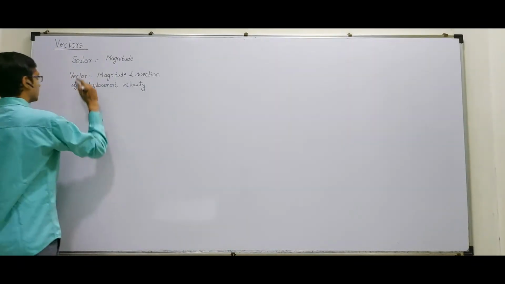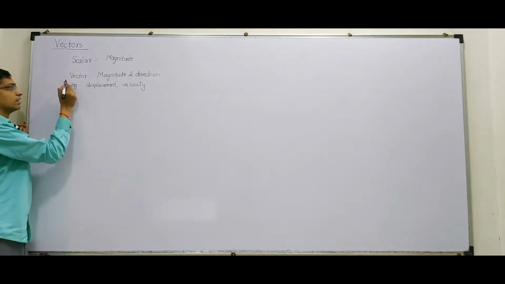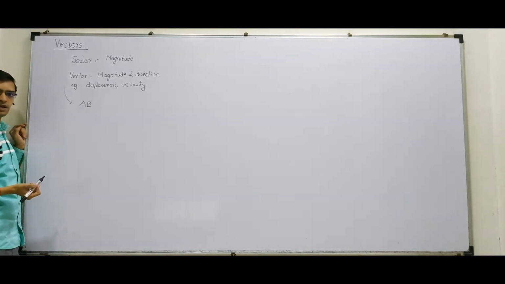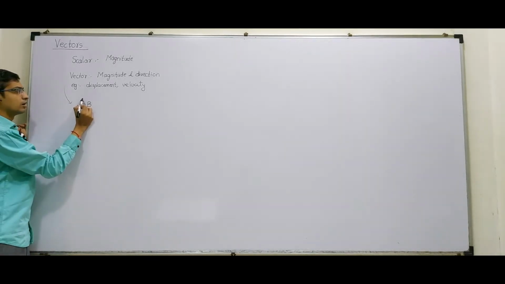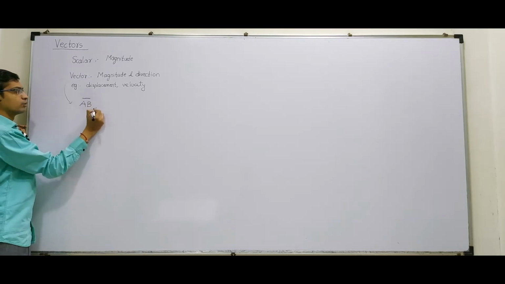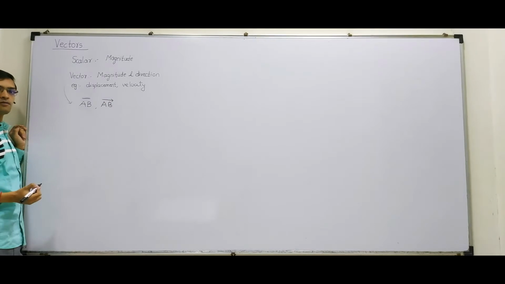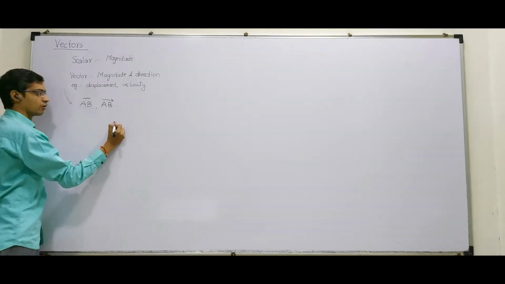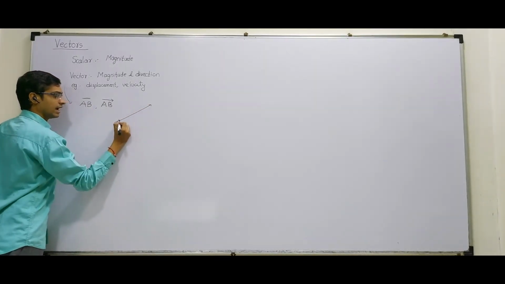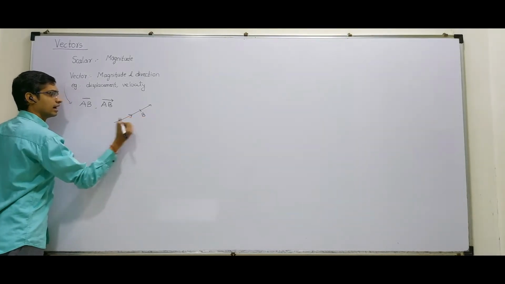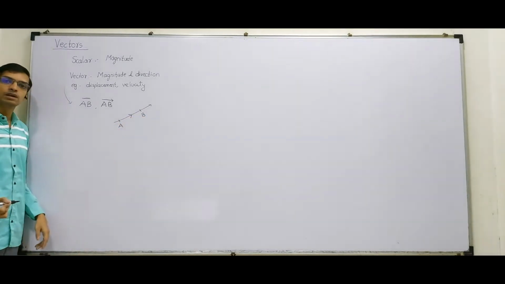Now, to differentiate a scalar and a vector, we represent a vector by a bar. Previously we used to say line segment AB, correct? But if I put a bar, or if I put an arrow, it becomes a vector. So if I say AB arrow, it means A is my initial point, B is my terminal point, and this is vector AB bar.